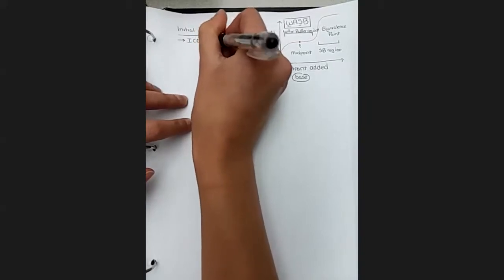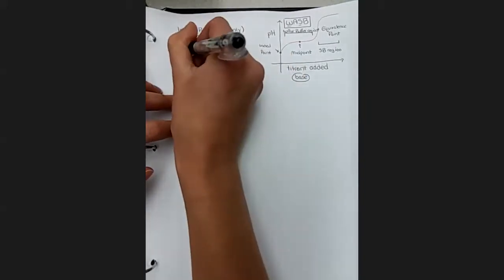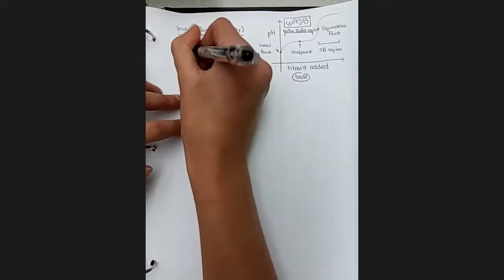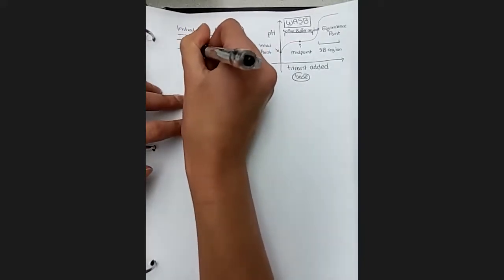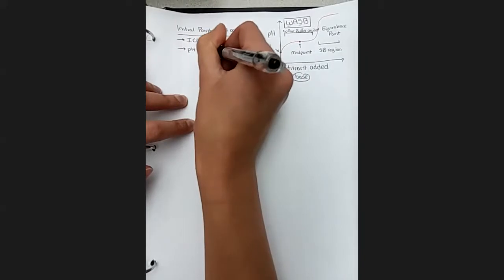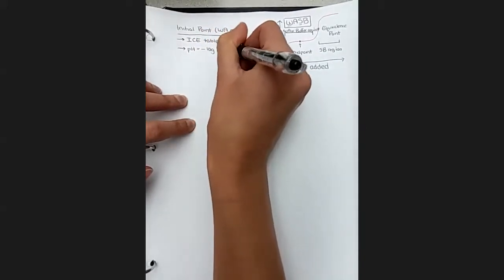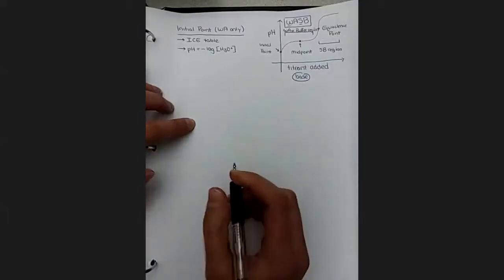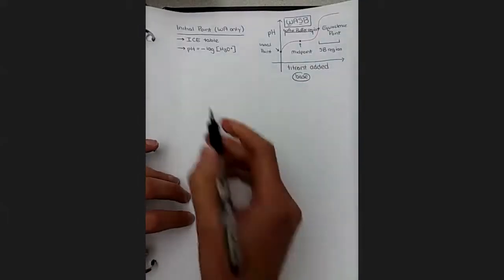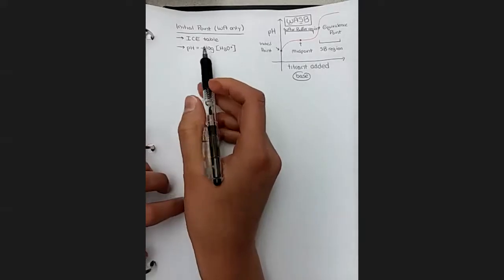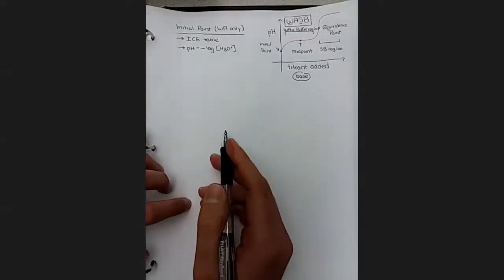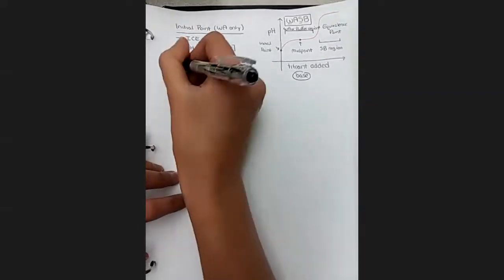So we'll need the pKa of the acid to find how much it dissociated. And once we find how much it dissociated into hydronium, we can take the negative log of that hydronium concentration to find the pH. So it's still pretty simple, but you have to do an ICE table before you find the pH.